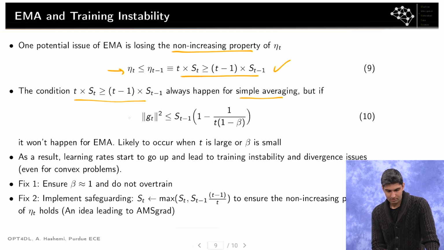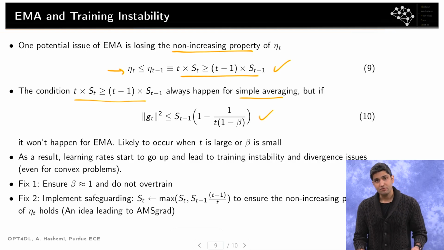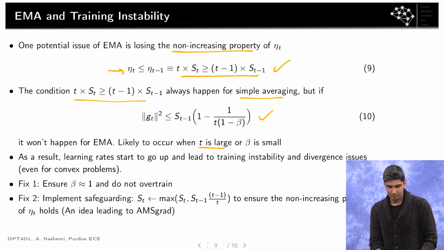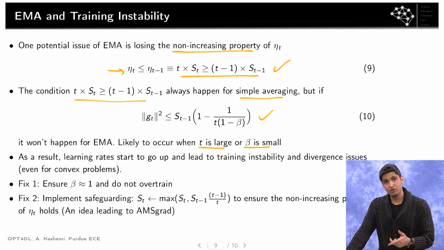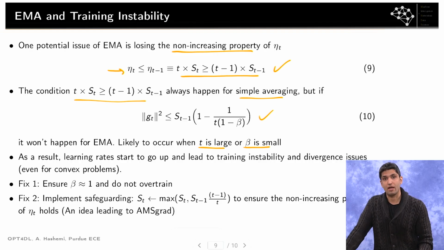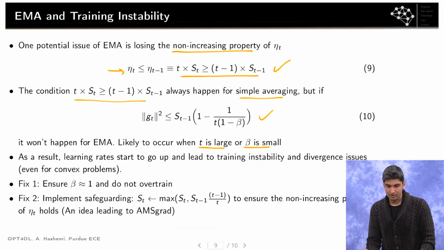It's not going to happen if this event holds, if the norm of the gradient square is less than this quantity, okay? And in fact, this is likely to occur when t is large or when beta is small, okay? Or both. So therefore, this gives you an idea of why we want to use a beta which is very large.